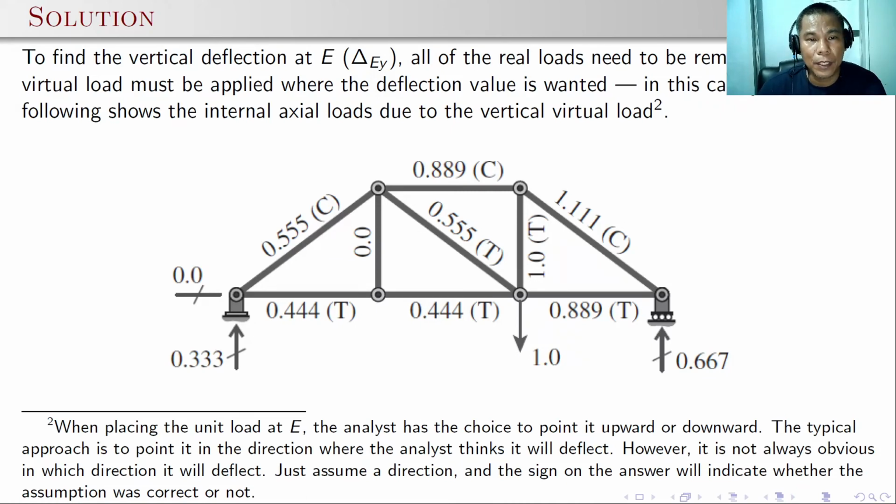The following shows the internal axial loads due to the vertical virtual load. So by applying the vertical virtual load at point A, you can compute the internal forces of the truss. Again, you need to indicate if it is in tension or compression, because we will be using positive for tension and negative for compression.